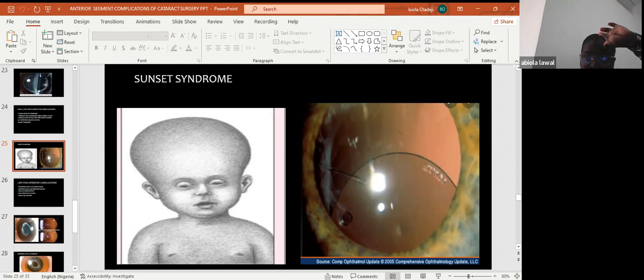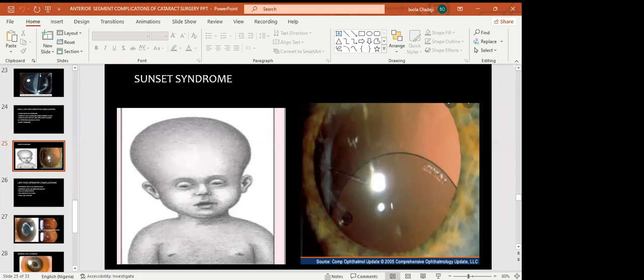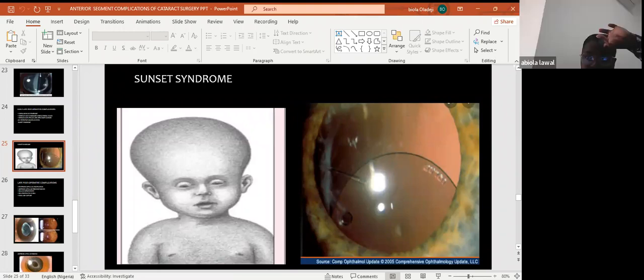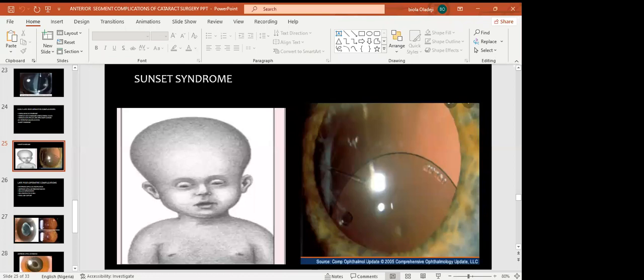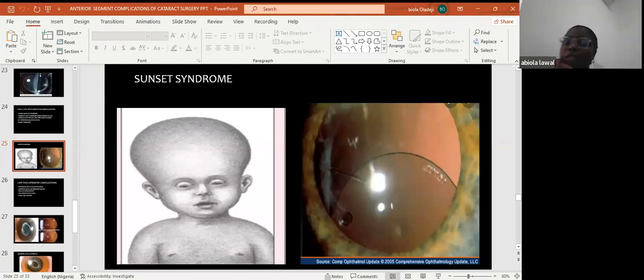Someone said, can you discuss Brown-McLean syndrome again? Okay. So Brown-McLean syndrome is a rare entity that has been described in patients who have had cataract surgery, and has been found to occur even several years after the surgery.